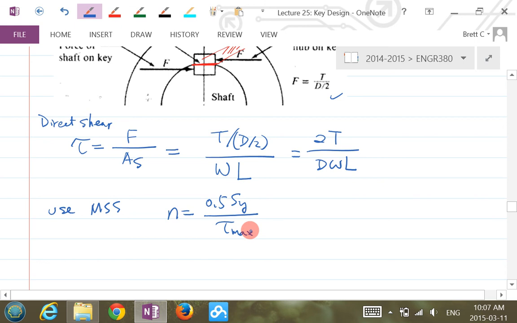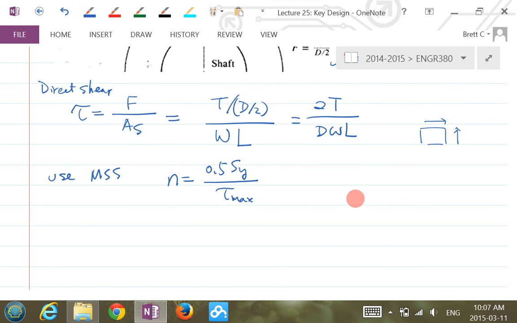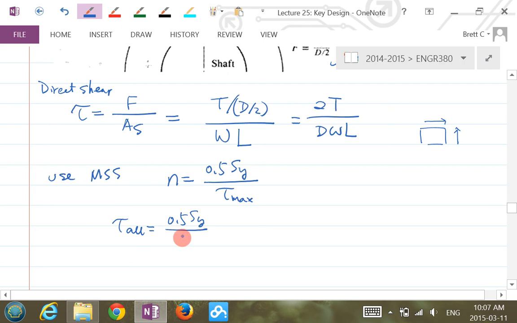If you draw a stress element, all you see is pure shear, so tau max is the same as this quantity here. n is the safety factor, generally given by the user. Then tau allowable is 0.5 SYT over the safety factor n. This is the tau allowable, and this is the actual shear stress. You don't want the actual one to be greater than this.